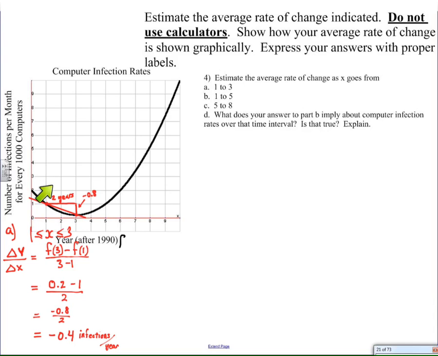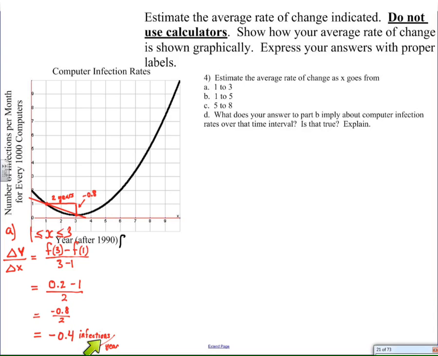And really, when you see the graph, the way the graph is supporting is it's showing a 0.8 drop in infection rate over 2 years, which equates to, after we divide it out, a 0.4 drop in infection rate annually. So if it's 0.8 over 2 years, it's logical that it would be a 0.4 drop over 1 year.